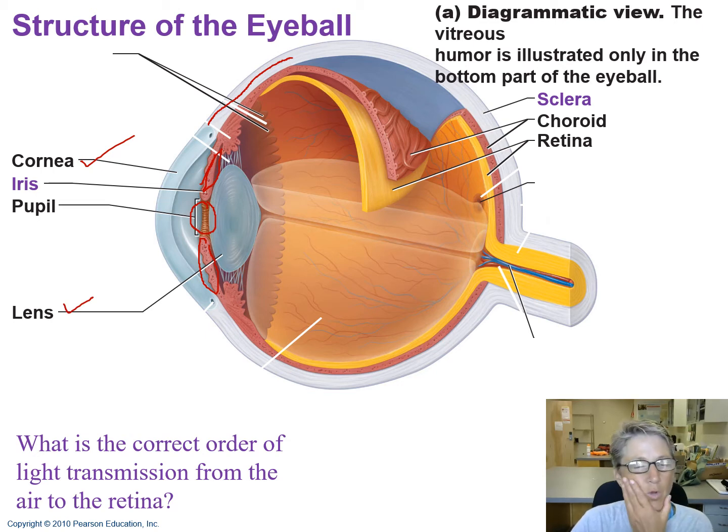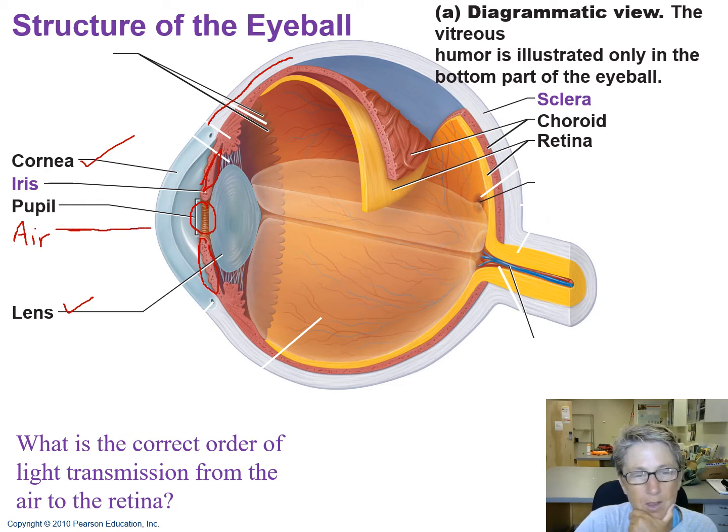So what's the correct order of light transmission from the air to the retina? So if you're out here, let's say you start here, you're a molecule in the air, or let's say you're a photon of light. The first thing you do as you're trying to get to the retina is to tell those photoreceptors that there's something out here to see. So the light waves full of photons travel.